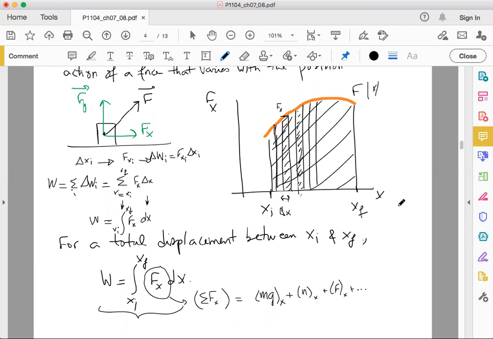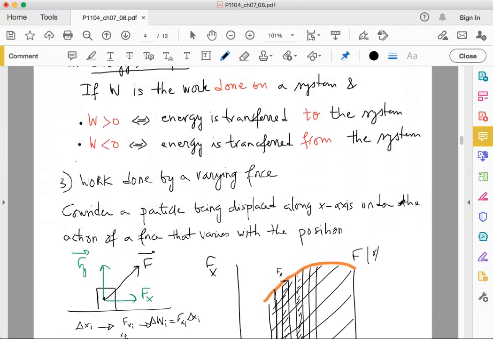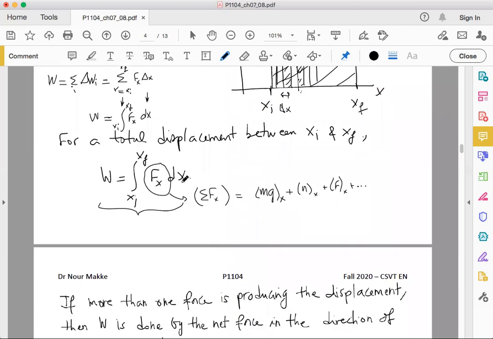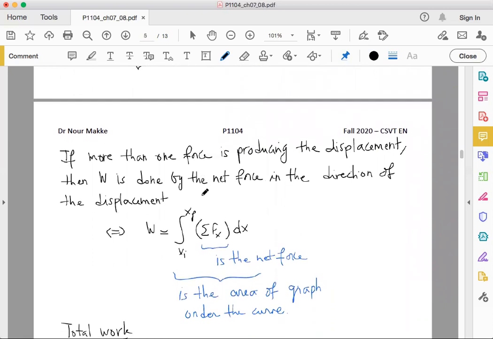Okay. So what you need to know from this section is that W is equal to the integral of Fx dx, and in general, when you have different forces acting, W is equal to the integral of sum Fx dx between x initial and x final, where x initial is the initial position and x final is the final position. And so x final minus x initial is the total displacement.